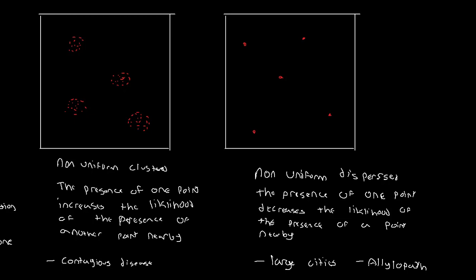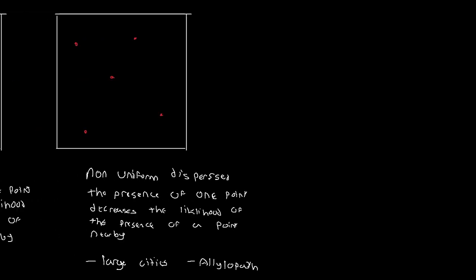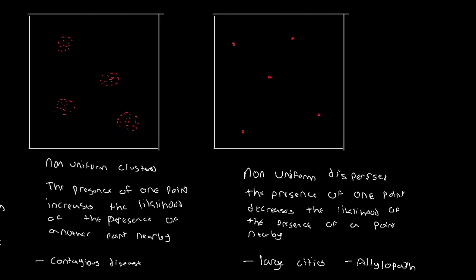And it sort of spreads out that species in space. So you have one individual making it harder for other individuals to come close. So that's again an example where you have the presence of one individual point making it less likely for there to be another point nearby.